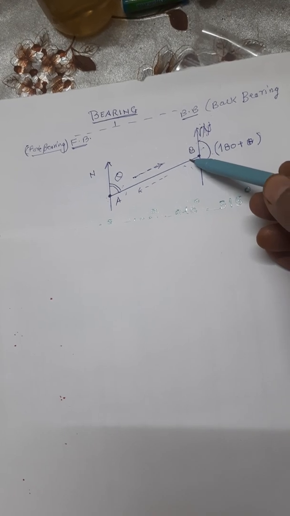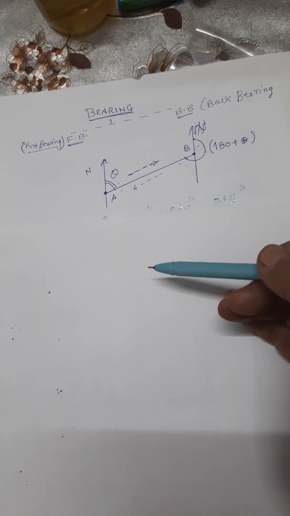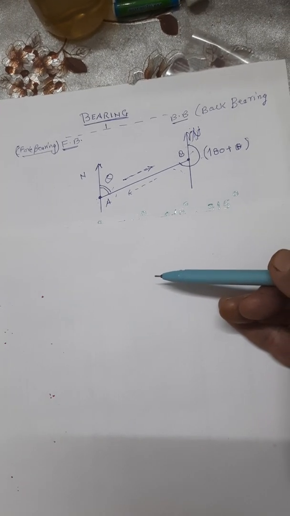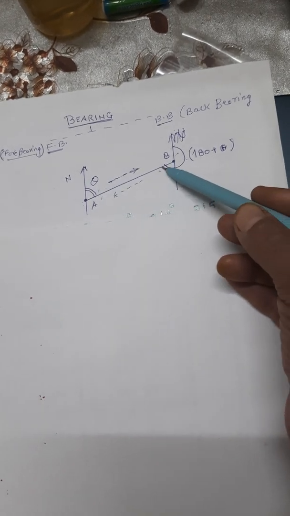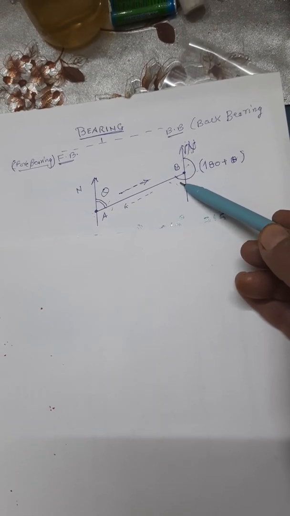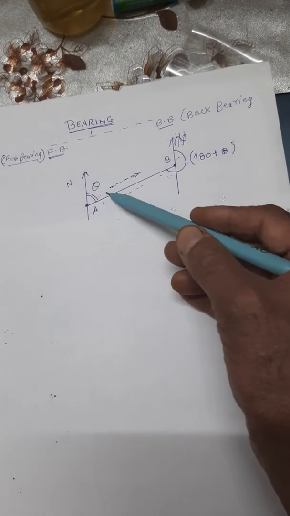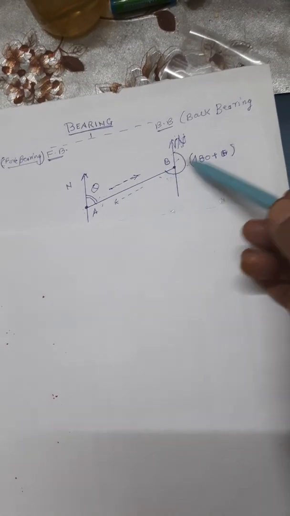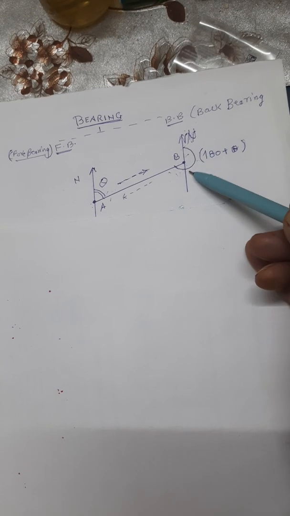And from this we can see the difference between the forebearing and the back bearing is 180 degrees, because this angle is equal to this angle. So this is the back bearing and this is the forebearing. This is also a forebearing. Then the difference between the two will be only this much, 180 degrees.